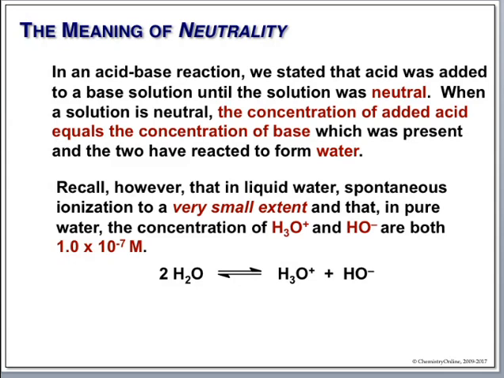But remember, whenever you have a neutral solution, that is nothing but pure water. What do you have in there? You always have 10 to the minus 7 molar hydronium and hydroxide. That's in a neutral solution. You always have 10 to the minus 7 molar of each.